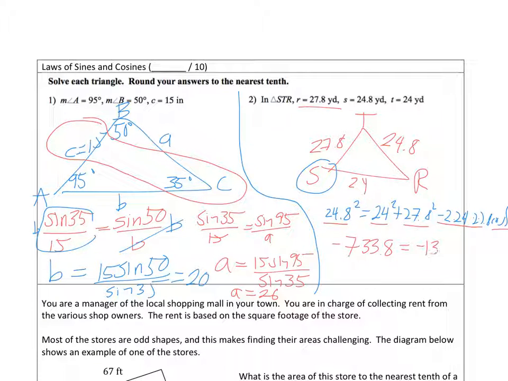Negative 1334.4 cosine of S. I'm going to divide by negative 1334.4. We get negative 733.8 divided by negative 1334.4, and my calculator dies.